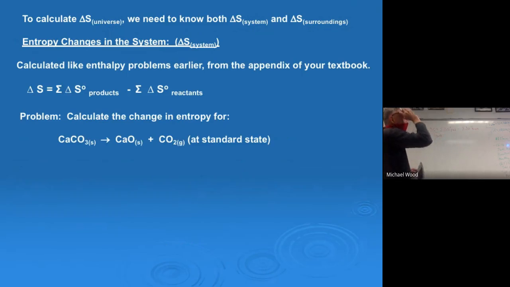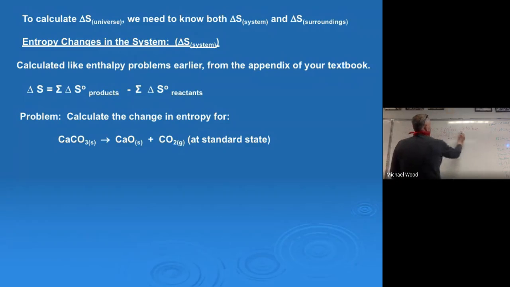Okay, and then for the CaO, it's 1 mole times 40 joules over Kelvin mole. So the moles are going to cancel out. Plus, now there's 2 products, so then I'm going to do CO2.